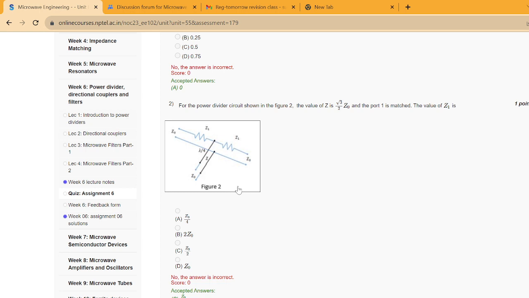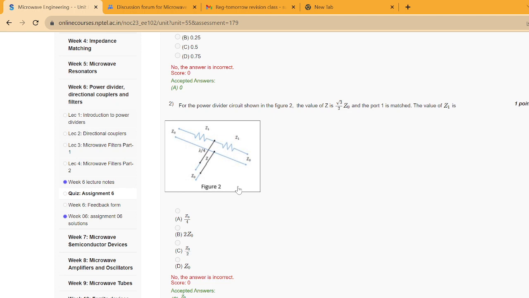So, how do we do it? The quarter wave transformer impedance is equal to square root of Z0 into ZL. Here it is mentioned that the quarter wave impedance is root 3 by 2 Z0, which is equal to the square root of Z0 into ZL, substituted as Z1 plus Z0 by 2.